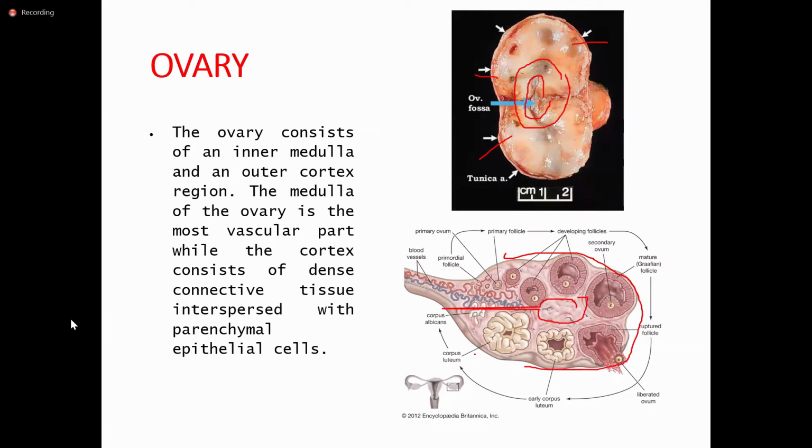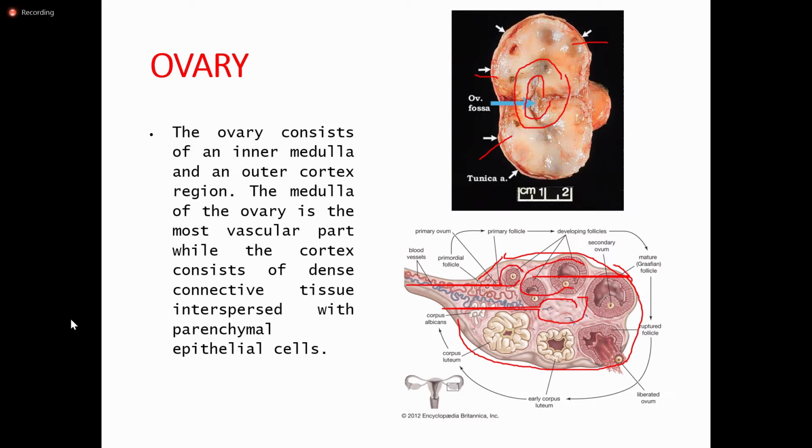And as we have discussed that in the cortex, we could have different stages of follicular development. We have from the primordial follicle here, the primary follicle, and then we have the developing, the secondary follicle, plus we have the tertiary, the mature or the Graafian follicle.